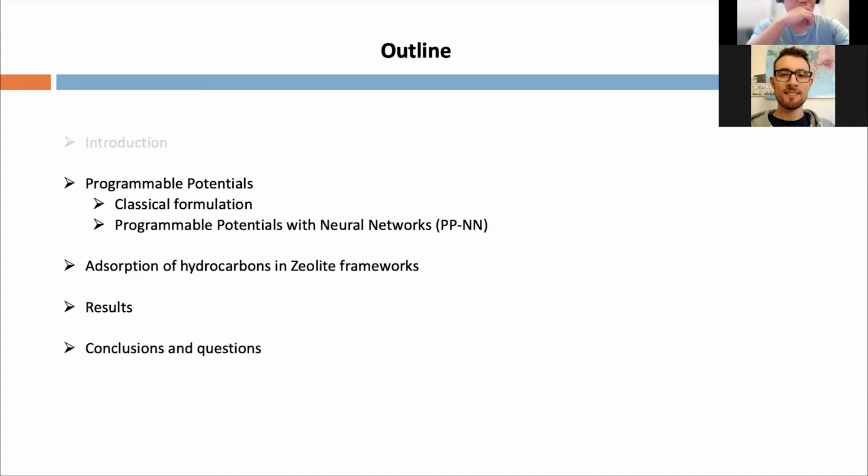So the rest of this talk is going to introduce the programmable potentials, its classical formulation, and then introduce the new formulation, which incorporates neural networks. And then we apply this to the problem of adsorption of hydrocarbons in a zeolite framework, which is quite common in industry applications, and then we'll go over results and some conclusions and open it up for questions there.